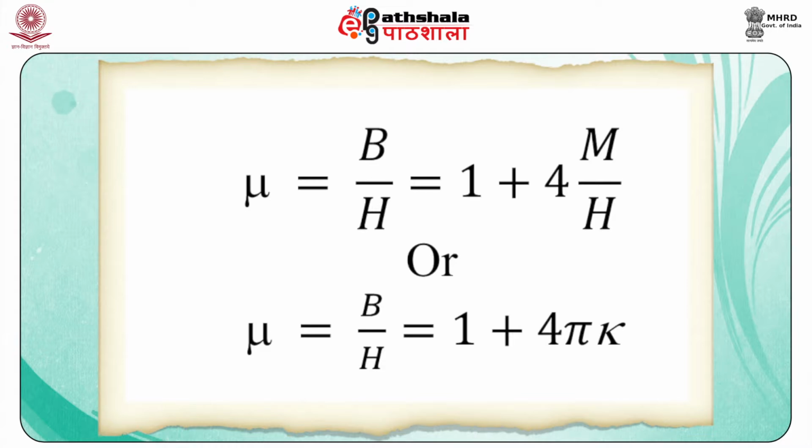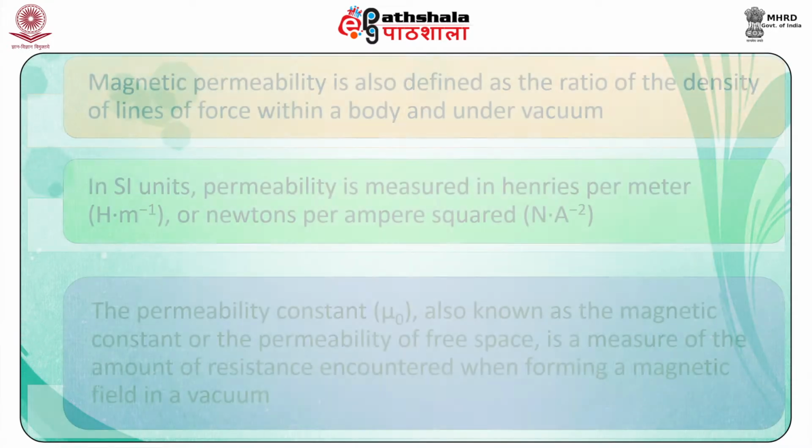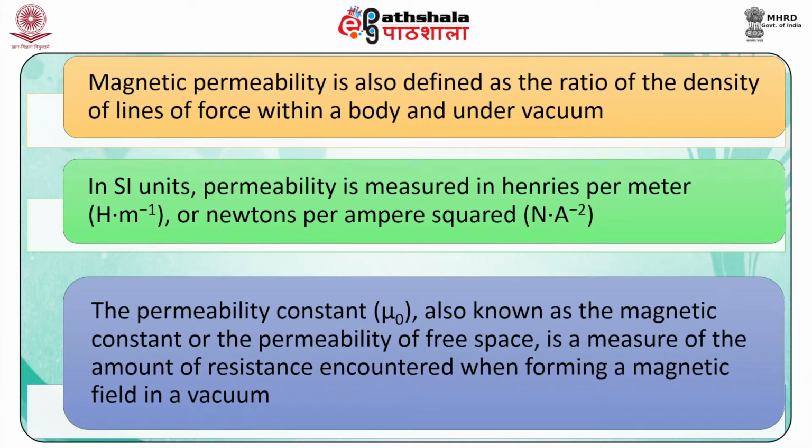By definition, kappa in a vacuum is 0, so that B is equal to H. Magnetic permeability is also defined as the ratio of the density of lines of force within a body and under vacuum. In SI units, permeability is measured in Henries per meter or Newtons per ampere squared.